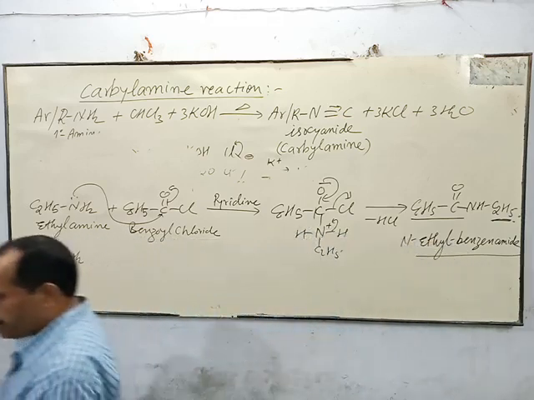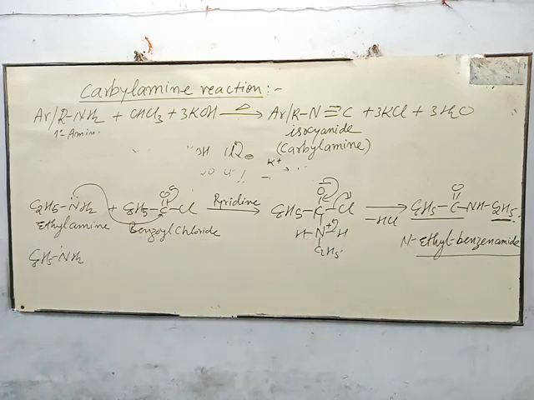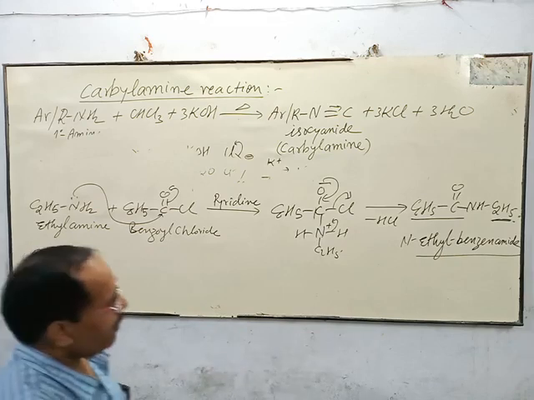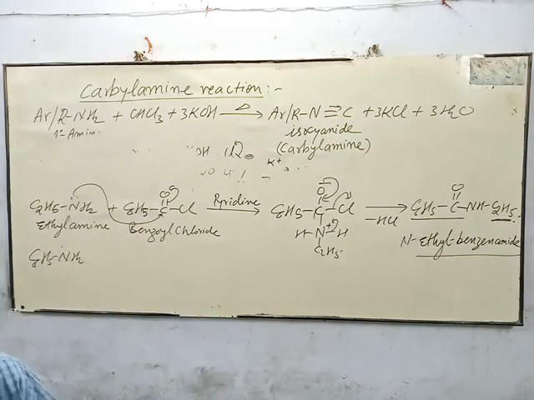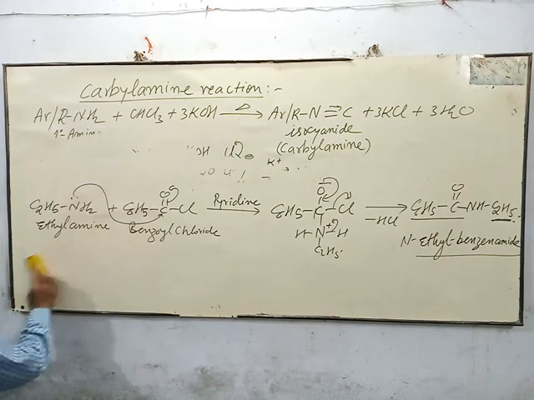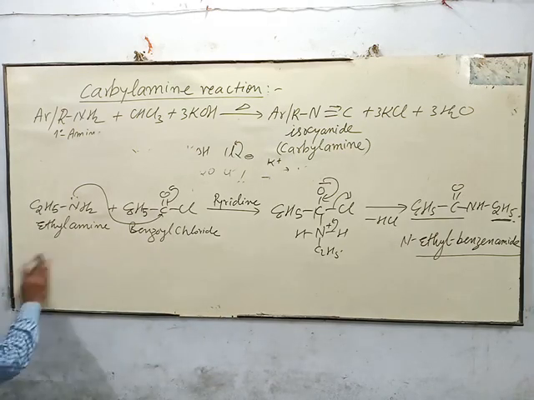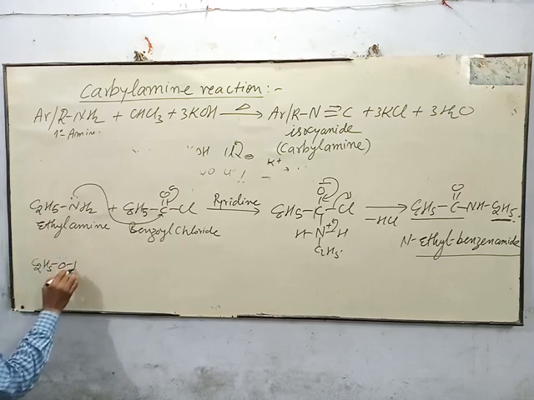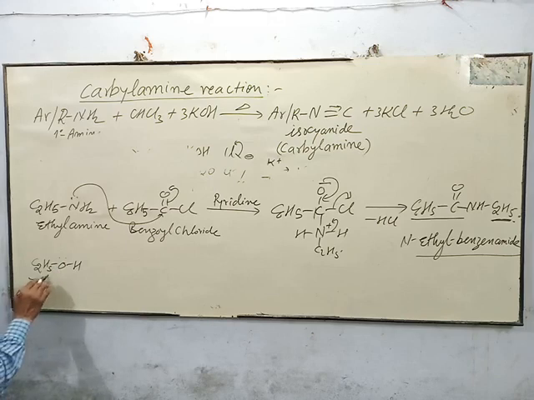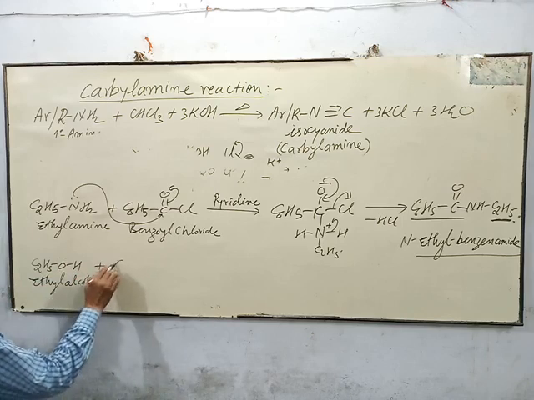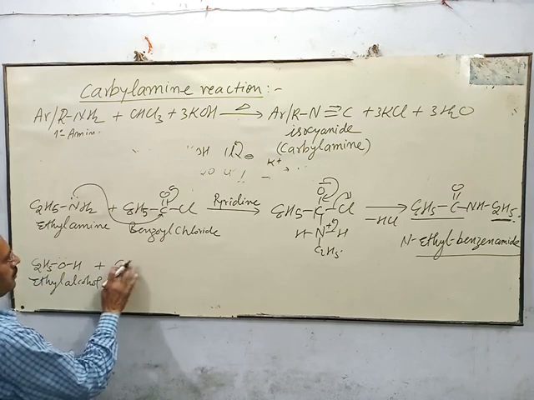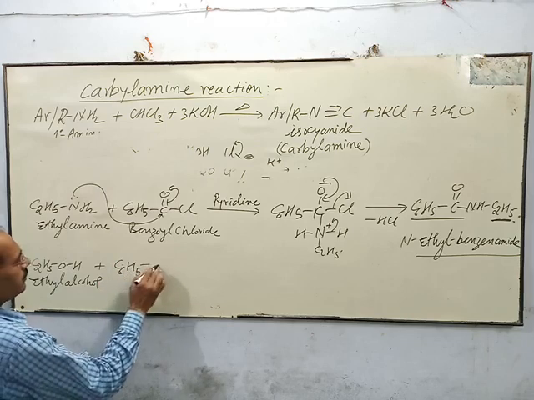When alcohols and phenols react with benzoyl chloride, then alkyl benzoates are obtained, like this. Suppose this is alcohol, ethyl alcohol, plus benzoyl chloride.